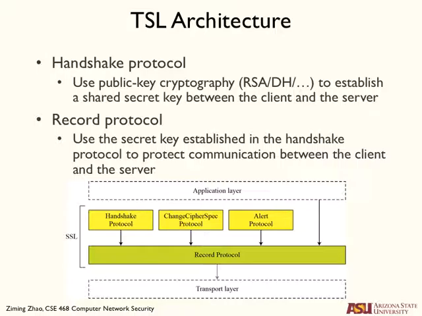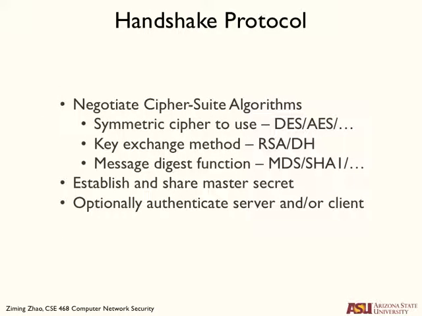We have the handshake protocol, the key exchange protocol, and we have the change cipher spec protocol to change the security parameters if they want. And we also have an alert protocol to exchange error messages between client and server. We are not going to talk about those two. We will focus on the handshake protocol, which is very similar to the Internet Key Exchange protocol.